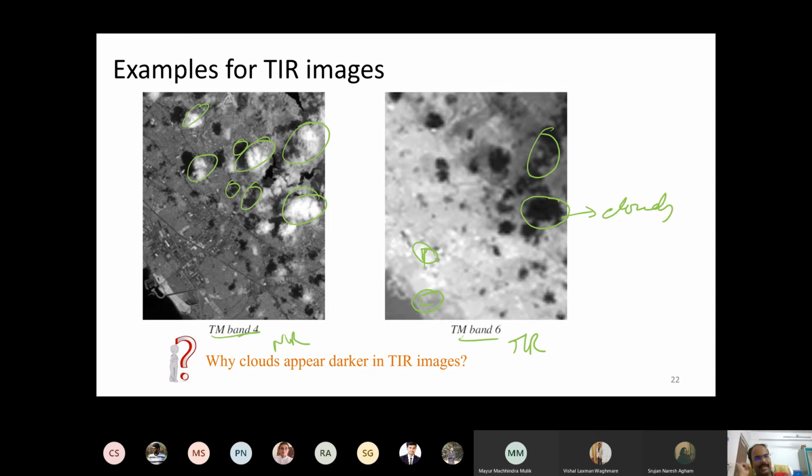Why do clouds appear darker in TIR images? Because clouds are condensed in the atmosphere, they are at a lower temperature than the land. Yes, clouds are at a lower temperature because of their very high elevation. As the water vapor goes higher and higher in the atmosphere, its temperature comes down, so it appears darker.